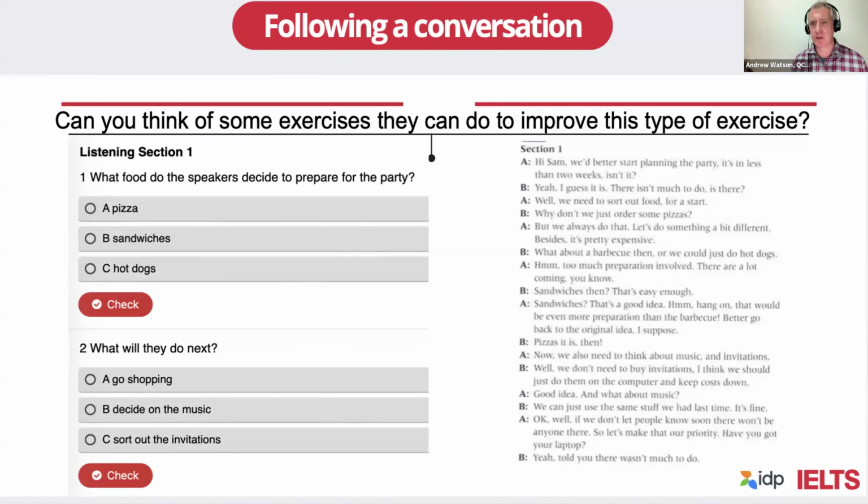Can you see any functions here for suggesting and either accepting or rejecting the suggestion? Sure, for example, here appears when they say let's go back or something like that. Let's, yes, exactly. Or like, why don't we? Blah blah blah.